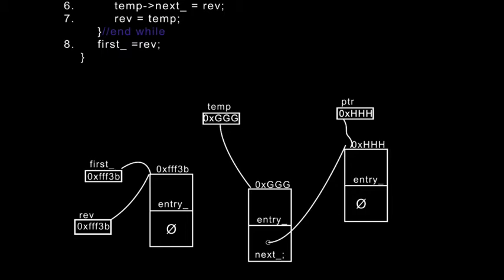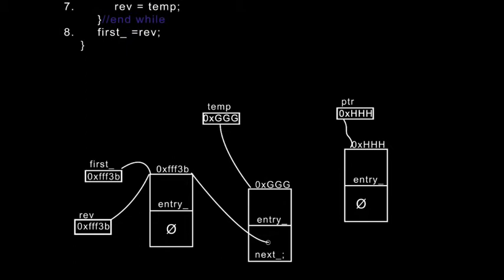So this will effectively make the second node point at the first node. Let's now move on to line 7. Line 7 says take the value in temp and put it into rev, so effectively moving rev to where temp is.